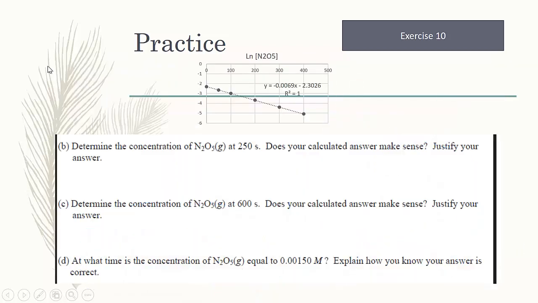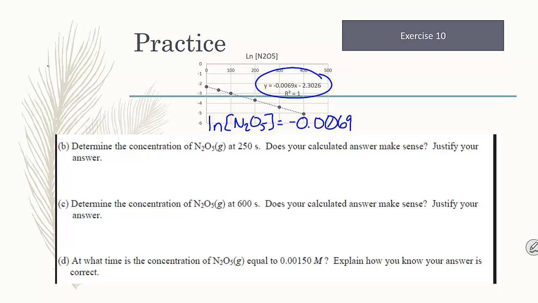And all the other questions now are simply a matter of utilizing this formula. Our formula is that the natural log of our concentration has to equal a negative 0.0069 times time minus 2.3026.